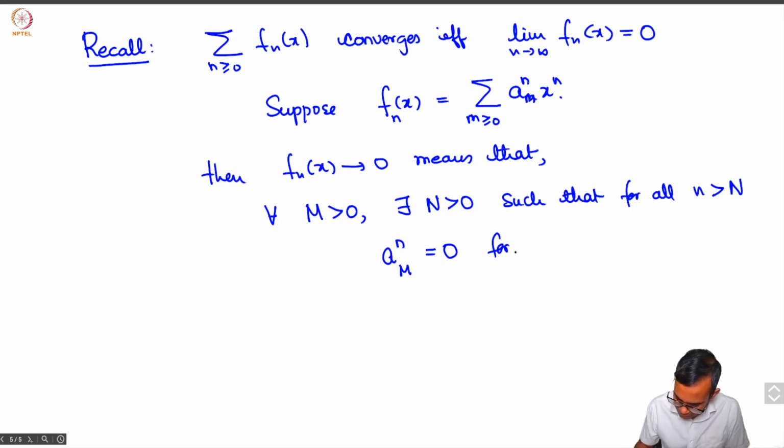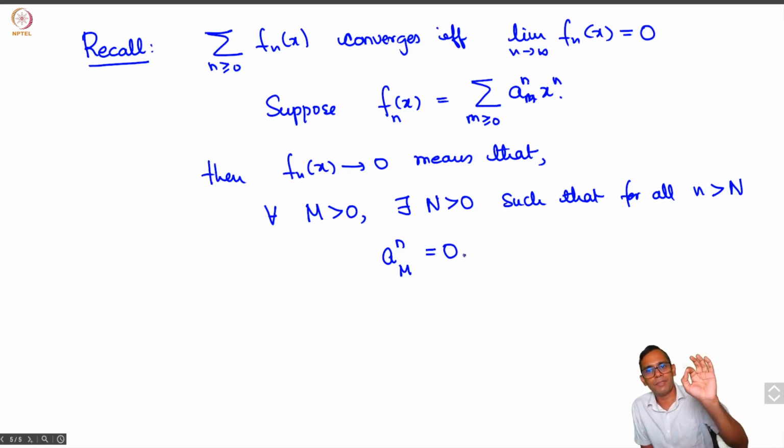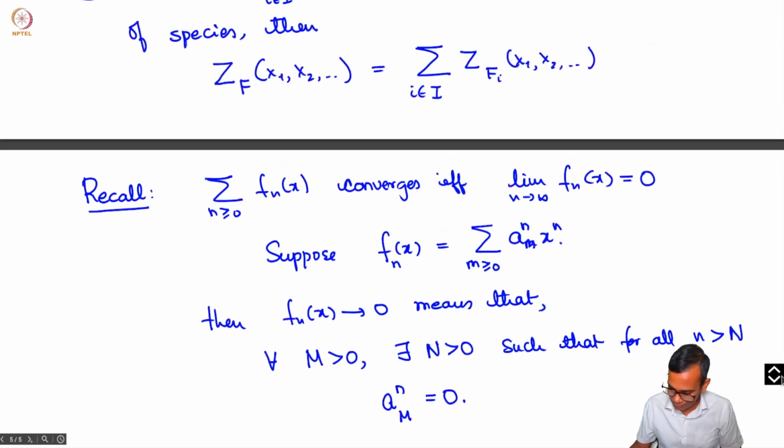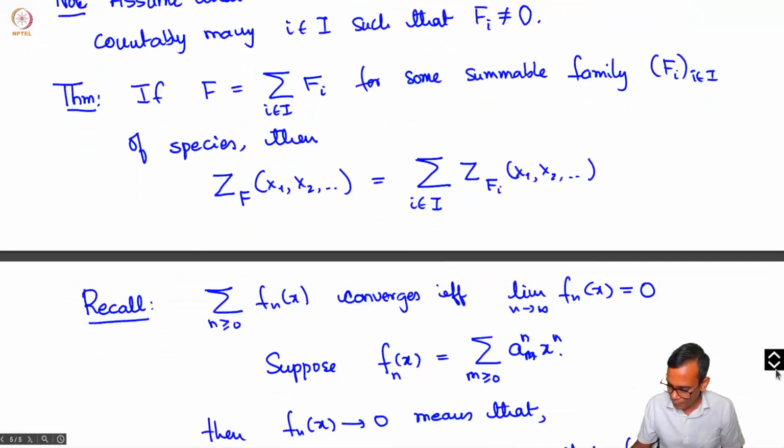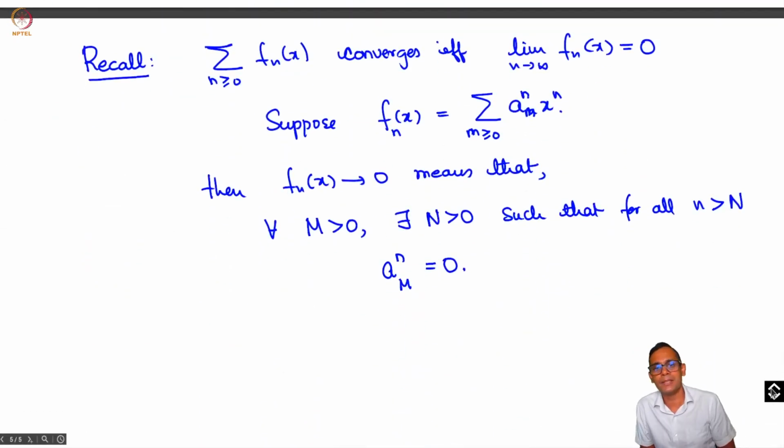What this means is that if you look at any particular coefficient of these series, then once n is large enough, that particular coefficient will always vanish. And you can extend this notion of convergence to a formal power series in infinitely many variables, like we have here, by just saying that the same thing happens to the coefficient of any fixed monomial.